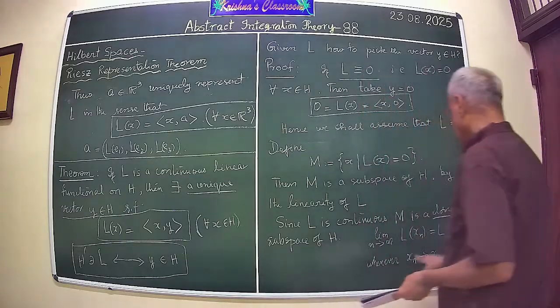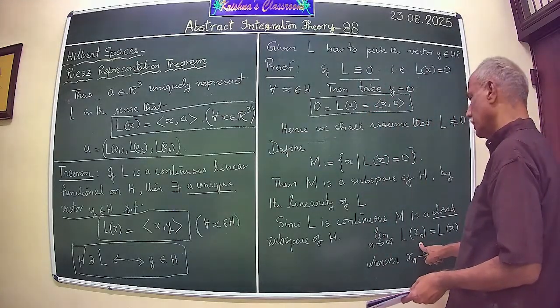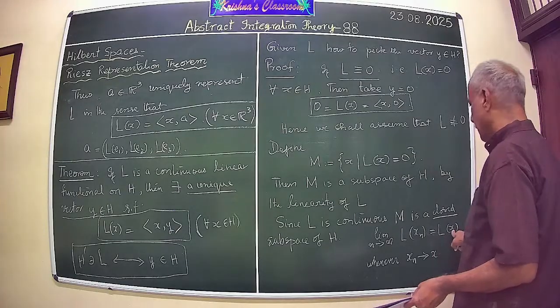Okay, so if Lxn is 0 for every n, then Lx is 0, thereby x is in M.